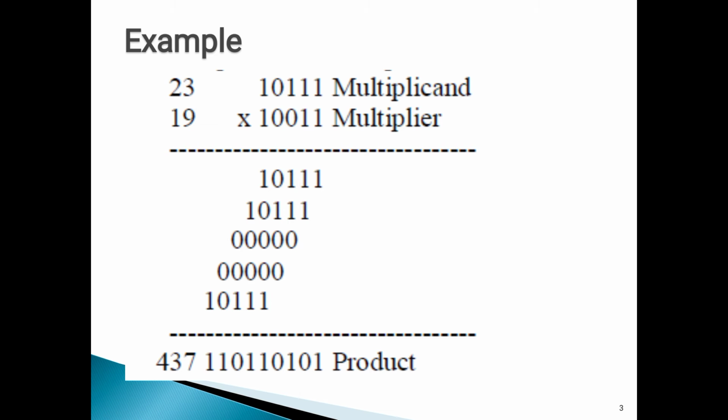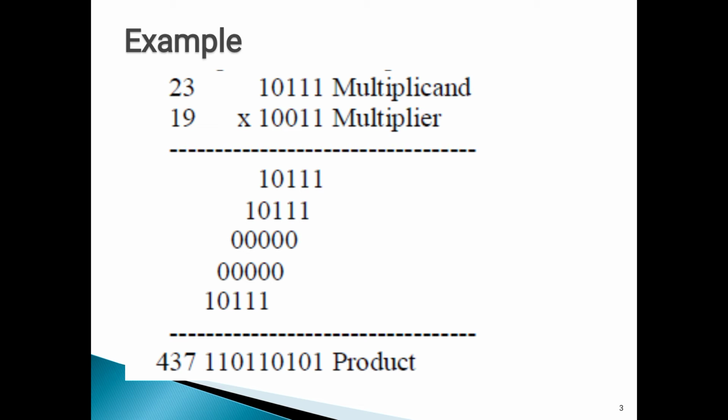So every time check the least significant bit of multiplier. If it is 1, then multiplicand is copied down. What is the multiplicand? 10111, right? So just write 10111.